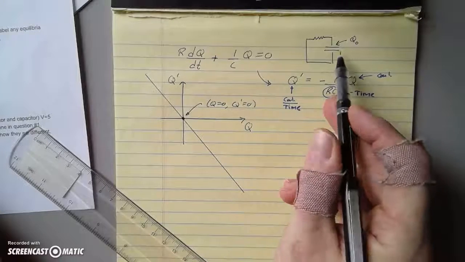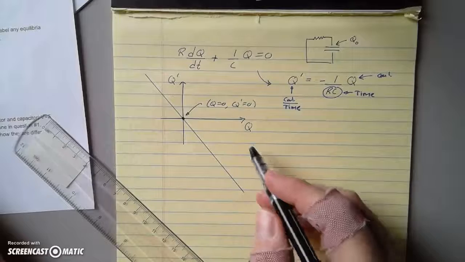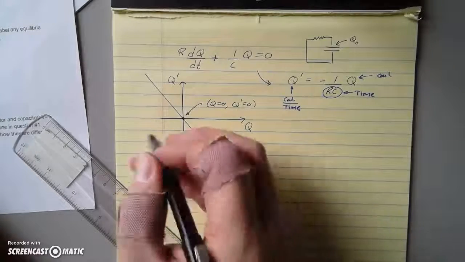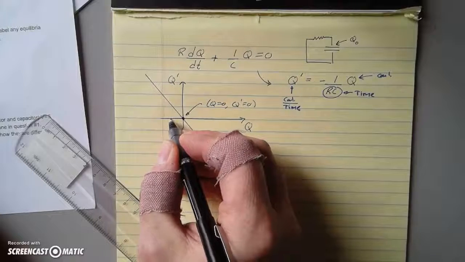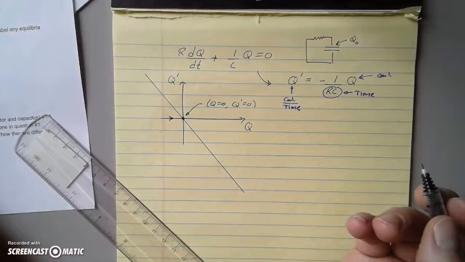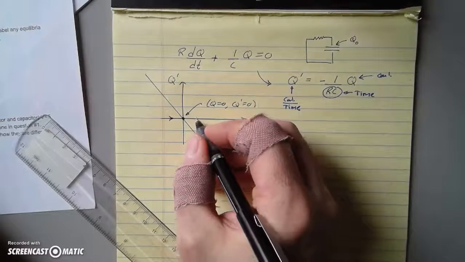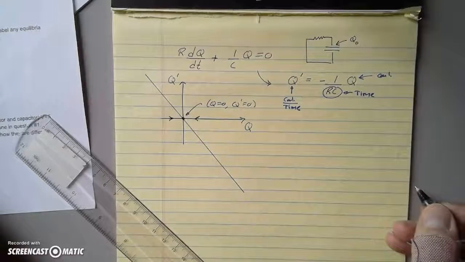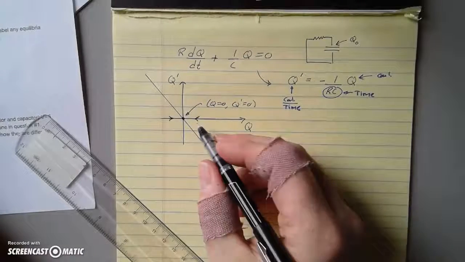If you don't have any charge, none of it flows. You have no current. We can use this to sketch solutions. If you start with a negative charge, you're going to have a flow of current one way. If you start with a positive charge on whatever the plate, you'll end up with a current the other way.